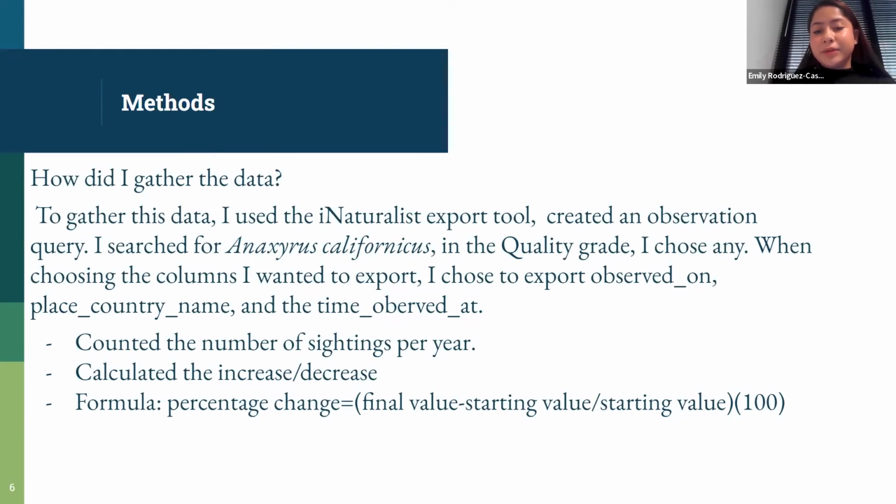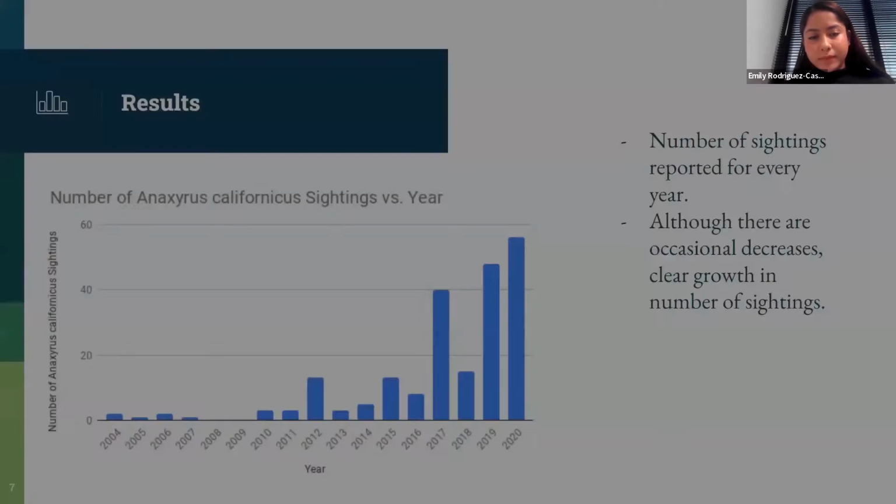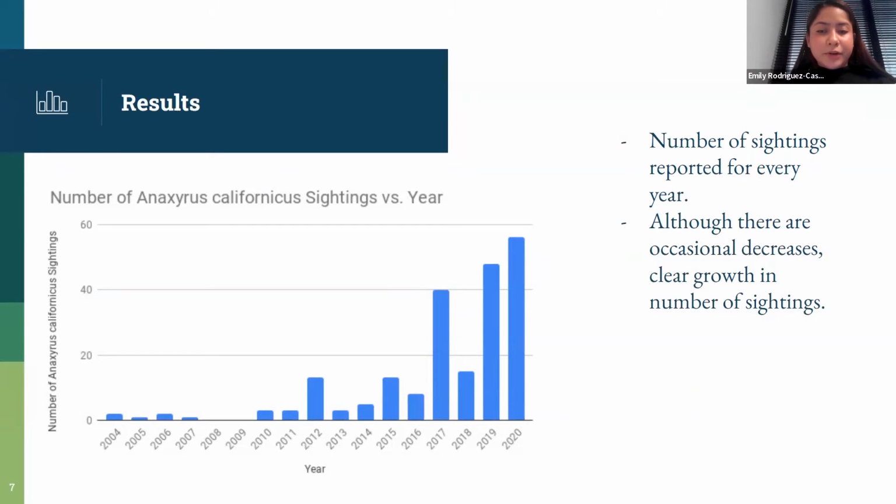I calculated the increase and decrease throughout the years. And I then calculated the percentage to gather how much of a change there was between the years. So here I have a bar graph, a better visualization of how you can see what change is going on. And I will get to the actual results.